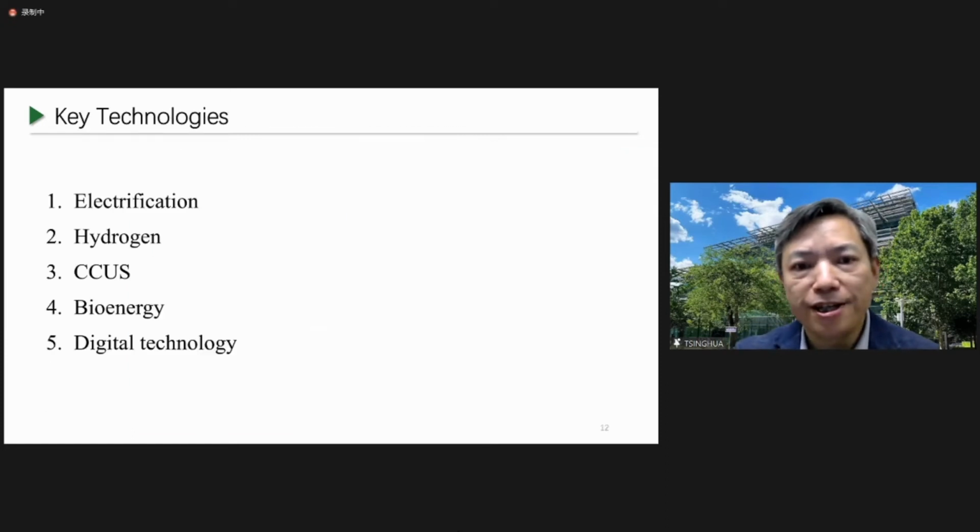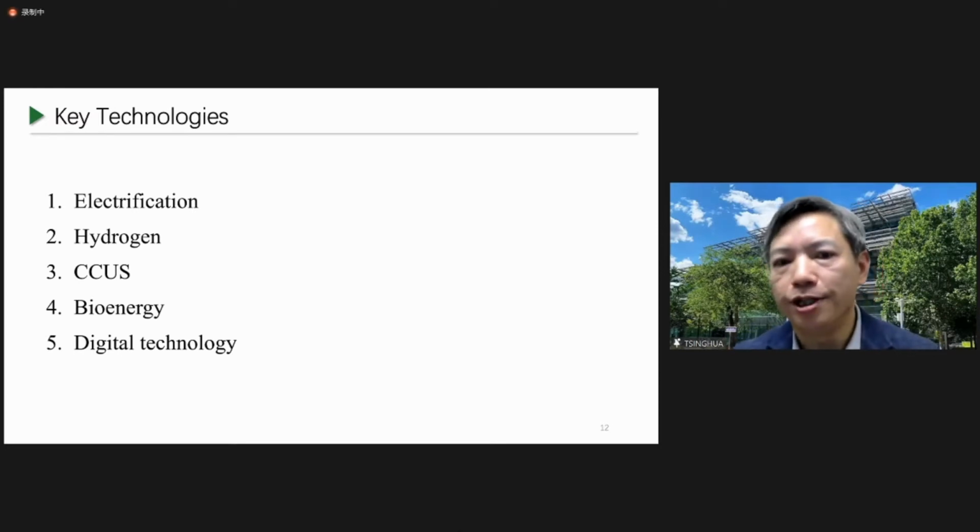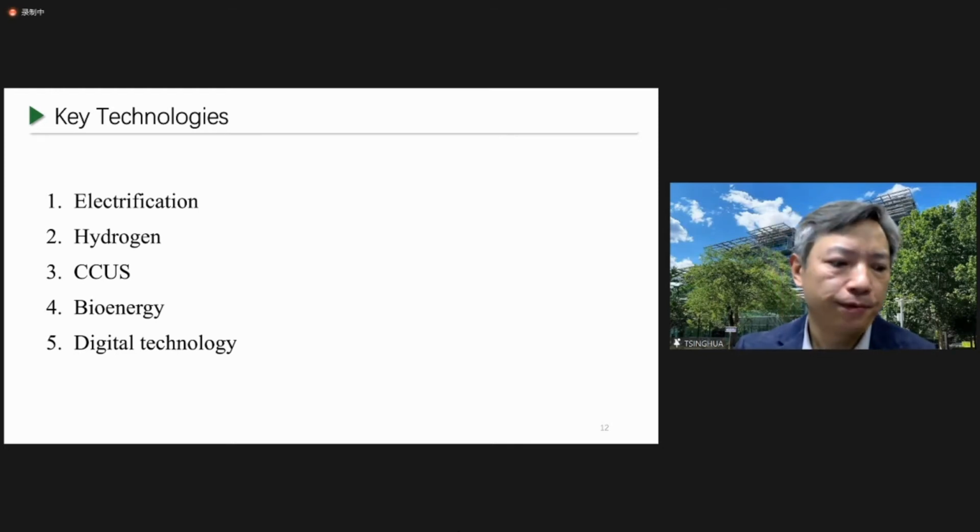Then, in the next few pages, I will introduce 5 specific key technologies within the big picture just introduced, which include electrification, hydrogen, CCUS, bioenergy, and digital technology. For each of them, we will briefly look at their role, potential application, and challenge.